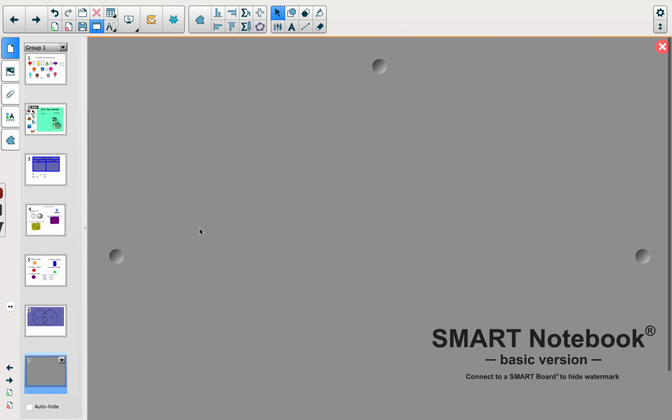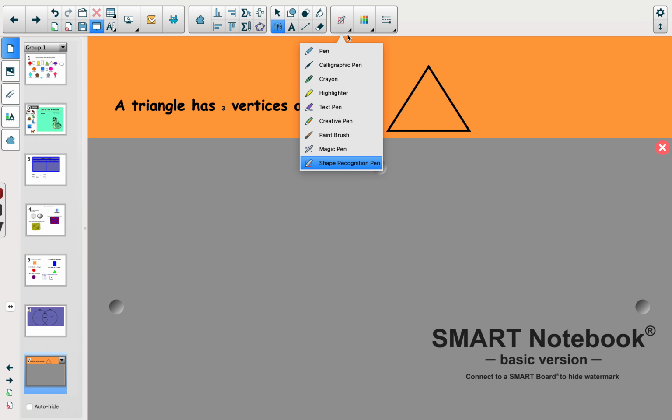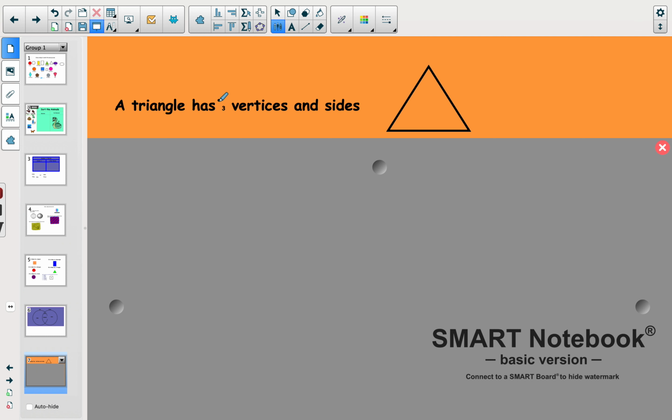Then on slide 7, we have this. So we have the shades, so you can reveal each question at a time to not make it so overwhelming for the students. A triangle has 3 vertices and sides, and I made this smaller so the students could use the magic pen to draw a shape around and magnify that to make it bigger for the students to see in the class.